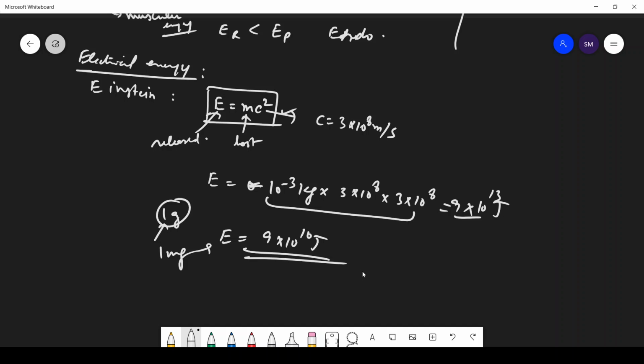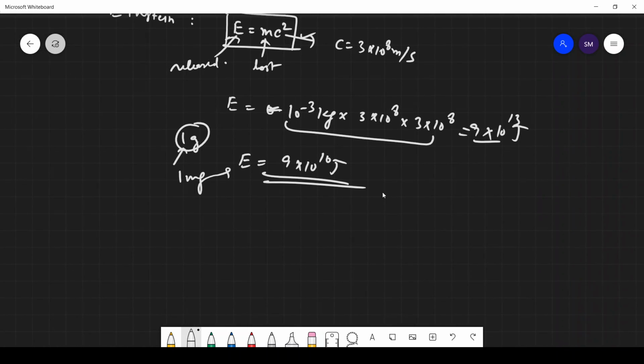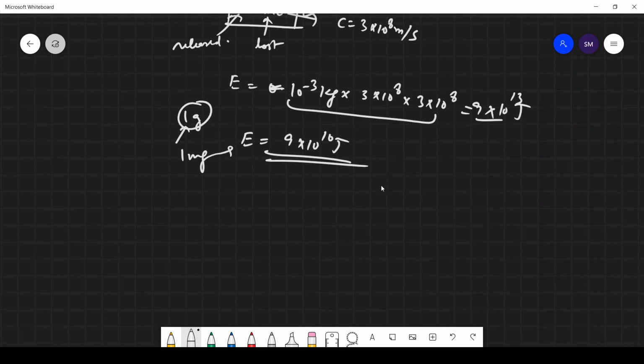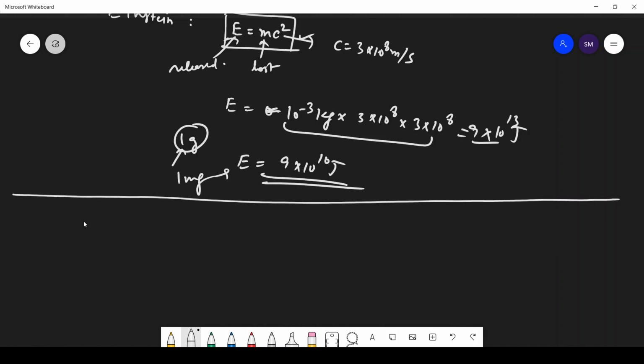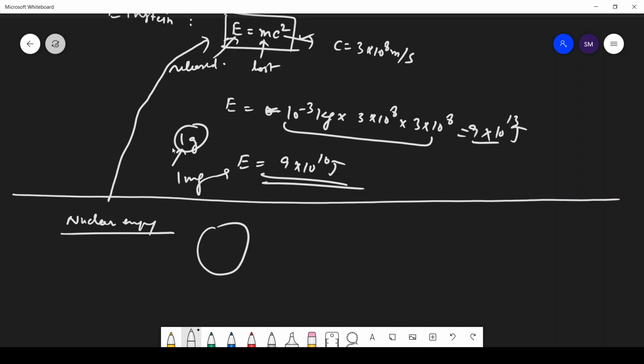So mass-energy equivalence means mass is converted into energy. Nuclear energy is the energy which is there inside the nucleus, and that is related with this formula E equals mc squared.